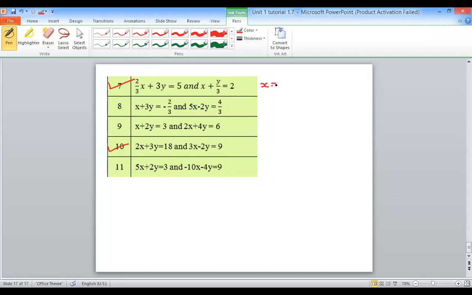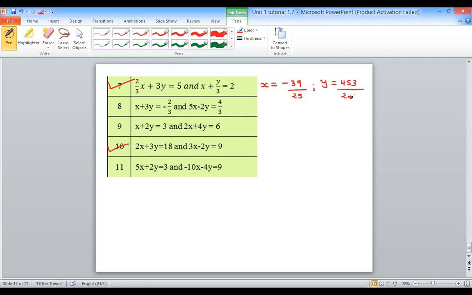Your x is minus 39 upon 25. X is 3 and y is 9. And your y is 453 upon 225.